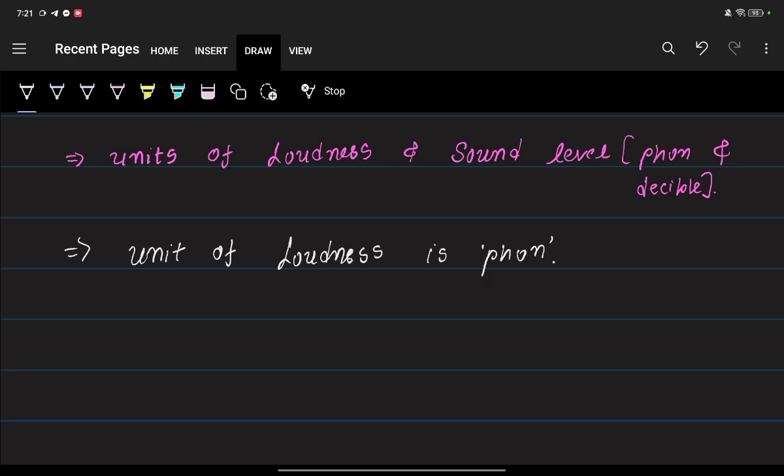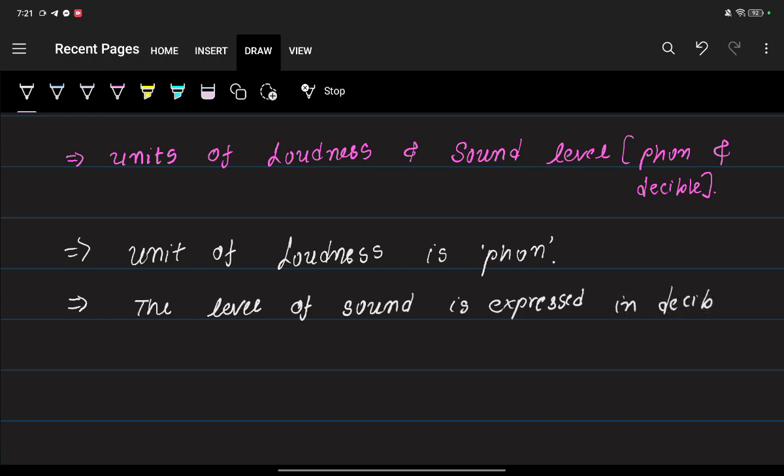The level of sound is expressed in decibel.